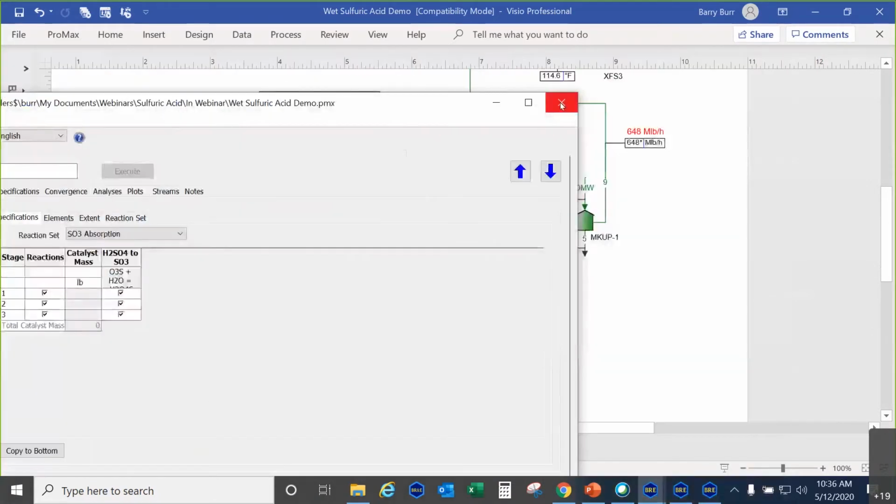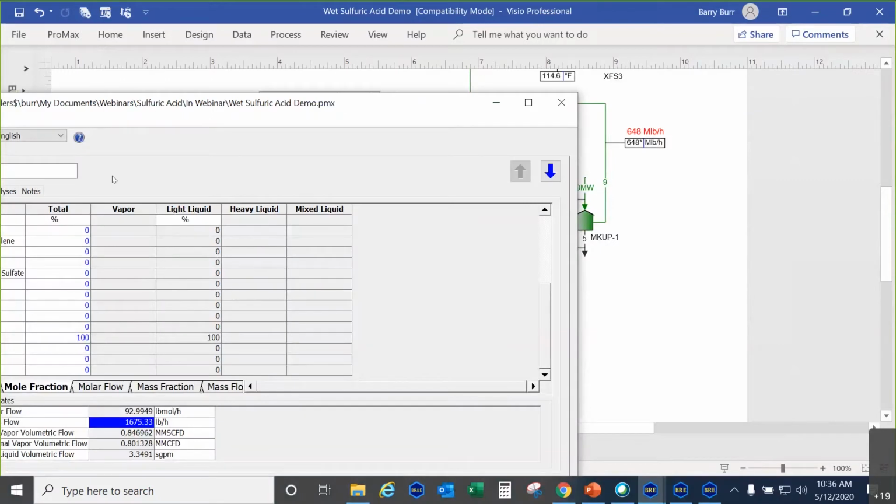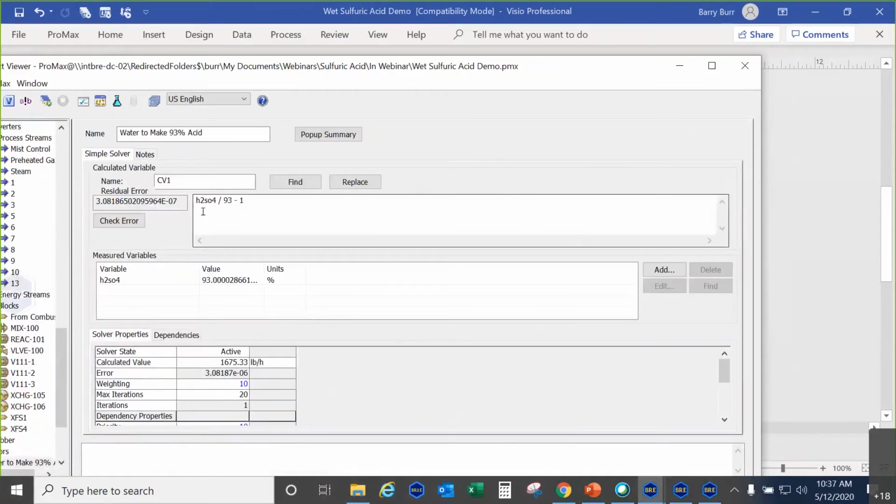So the SO3 absorption is occurring in here simultaneously with distillation, and that produces an acid-rich stream, and we have to add some water to it so that we can bring the acid strength back down to 93%.